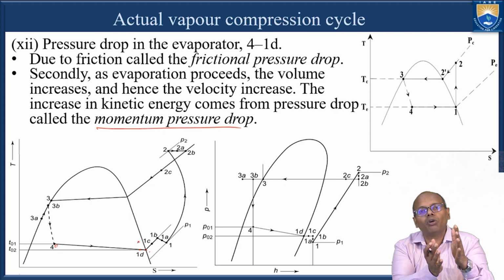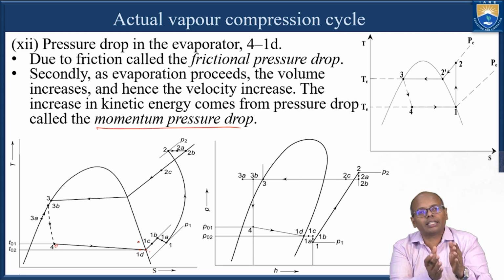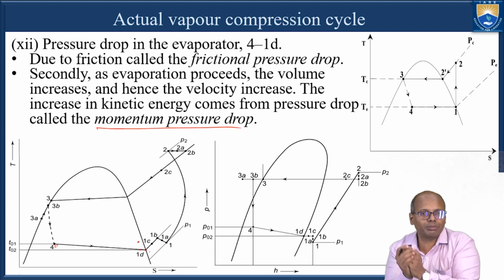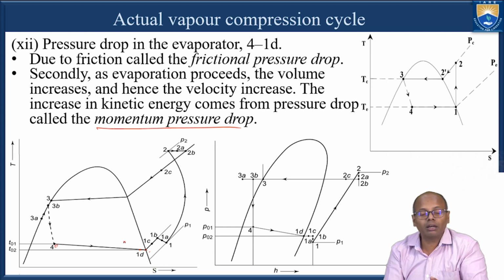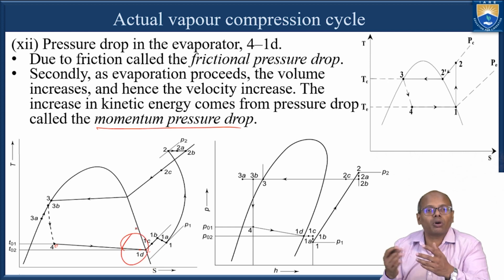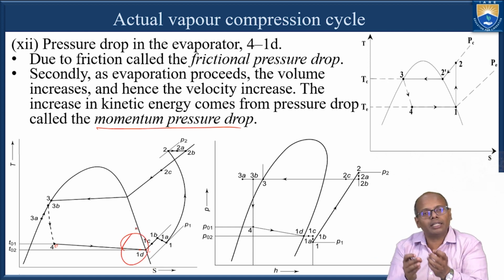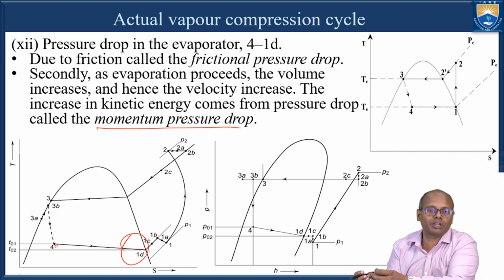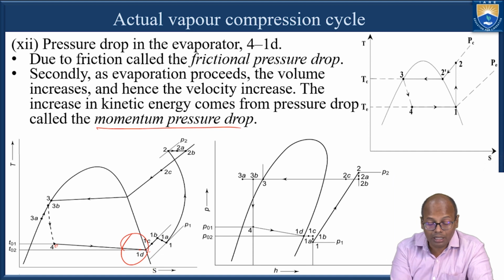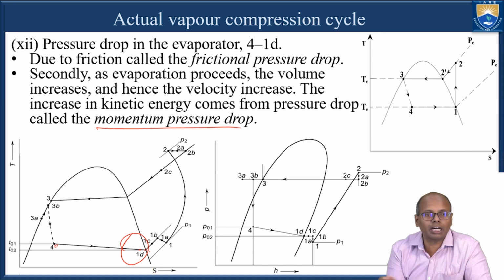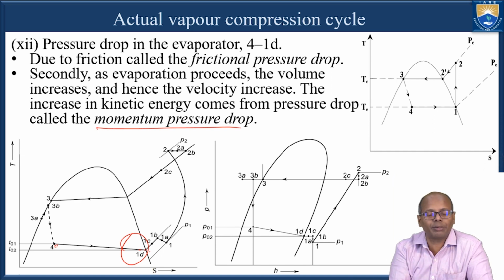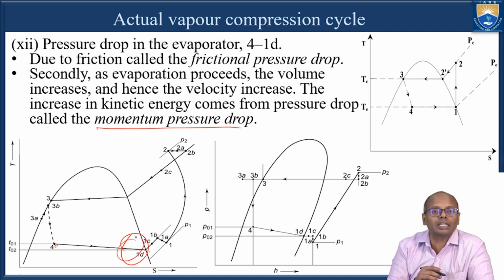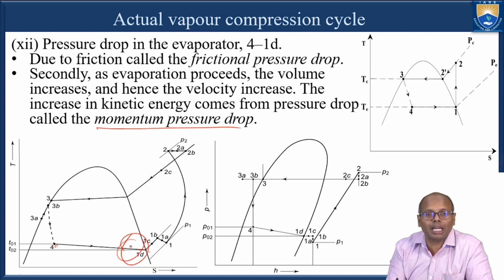Say suppose I have 1 liter and it is supposed to be transferred in 1 second. And here the volume is more, say 10 liters, and the 10 liters also are supposed to be transferred in the same 1 second, because the fluid is continuously coming, and the volume is increasing, and it has to cross the pipe in the same time.